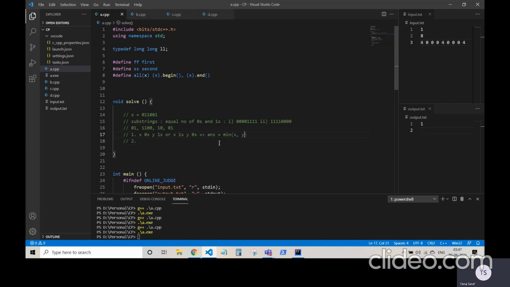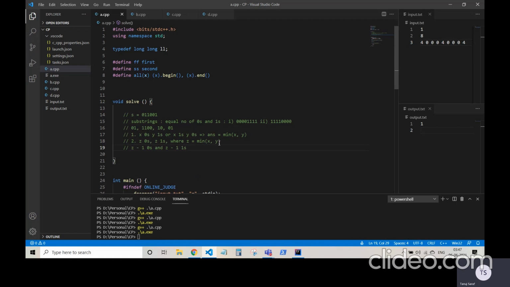So let's remove those excess ones or excess zeros that we have to ensure that, let's say we have exactly z zeros and z ones, where z is equal to the min of x and y. So we have z zeros and z ones. Now if I take out a 0 and a 1 from the ends, I would be left with z minus 1 zeros and z minus 1 ones.